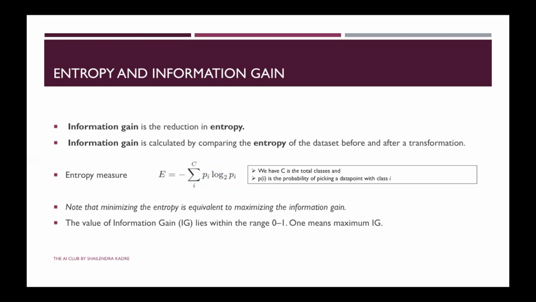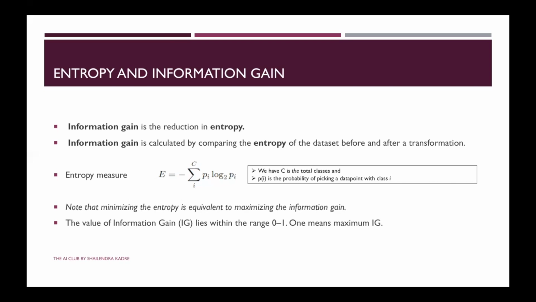Now, information gain is calculated by comparing the entropy of the data set before and after a transformation. So we take a data set and calculate the entropy of that data set depending on some formula. That is the first entropy.